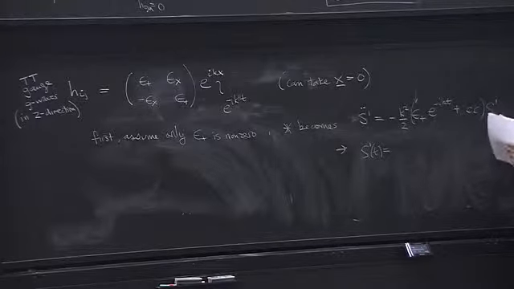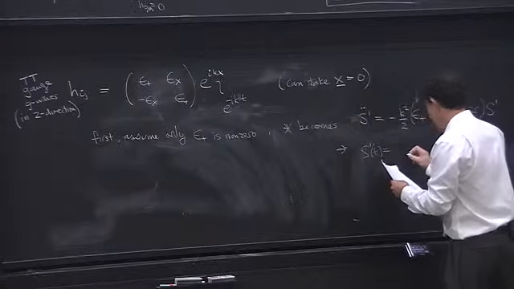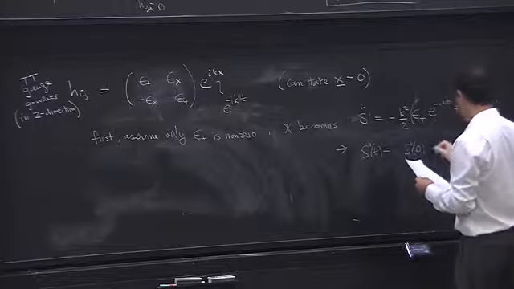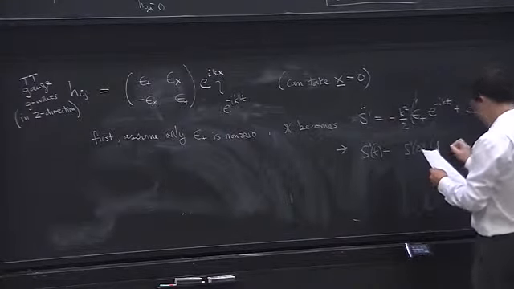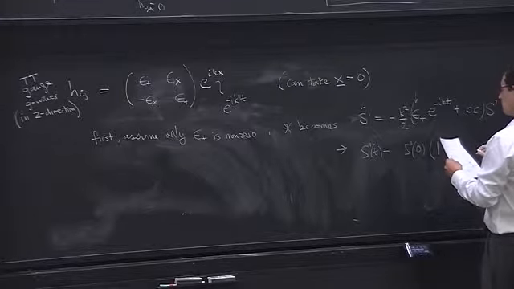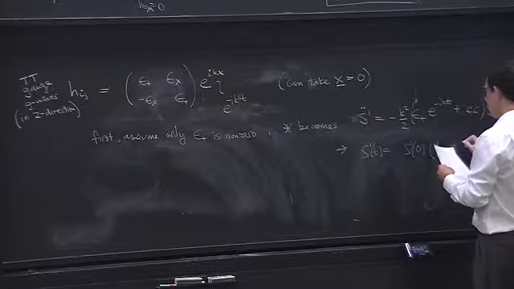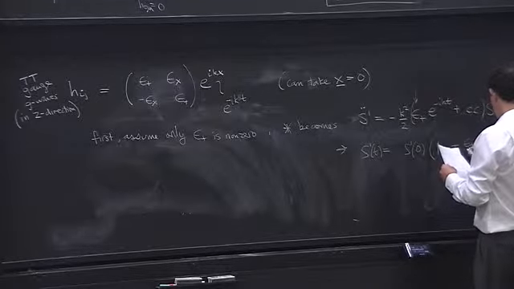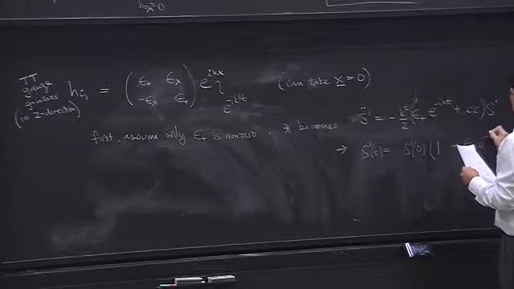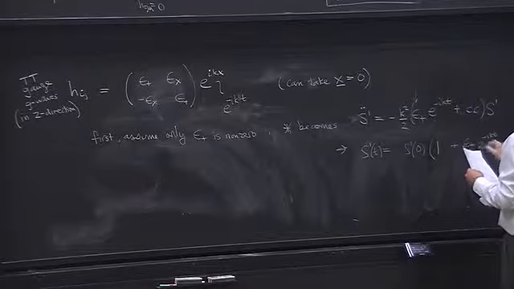Let me write it down, and then I'll explain it. s1 is equal to s1(0), that's what it is to 0th order, times 1 plus epsilon plus over 2 e^{-ikt} plus complex conjugate.